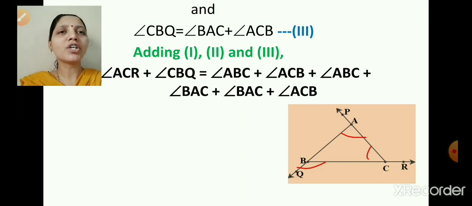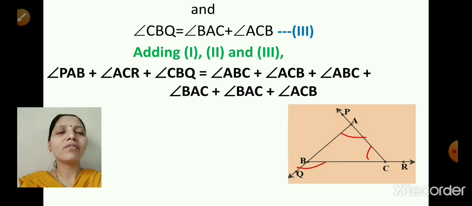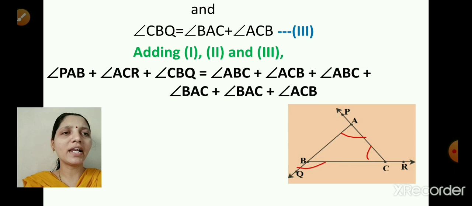Adding equations 1, 2 and 3, we will get angle PAB plus angle ACR plus angle CBQ is equal to angle ABC plus angle ACB plus angle ABC plus angle BAC plus angle BAC plus angle ACB.